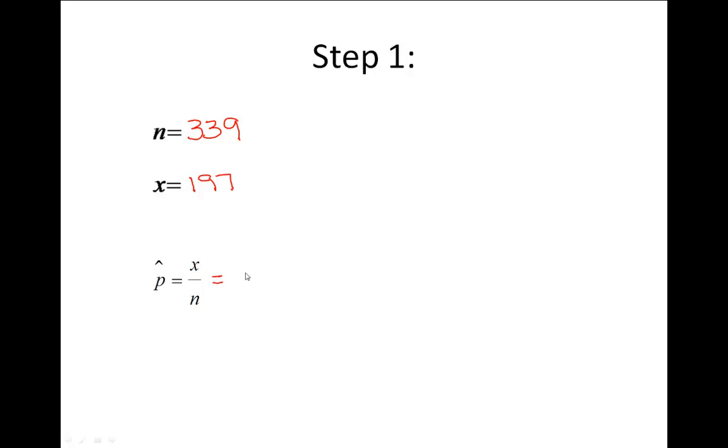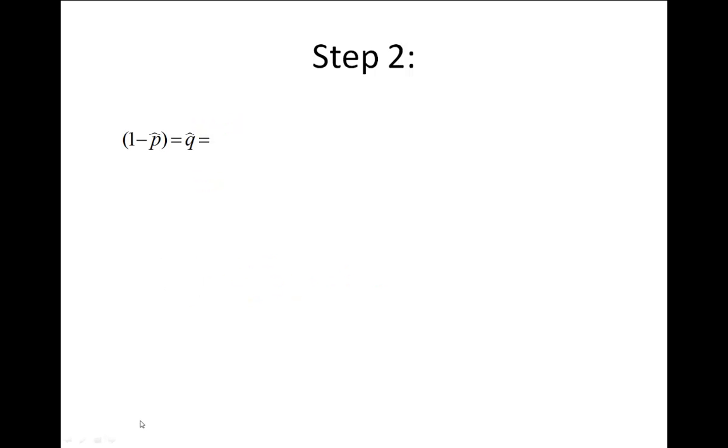That's the proportion, which would be 197 divided by 339. We just do that division, and that comes out to be 0.581. That's step one, to gather that information and proceed from there.